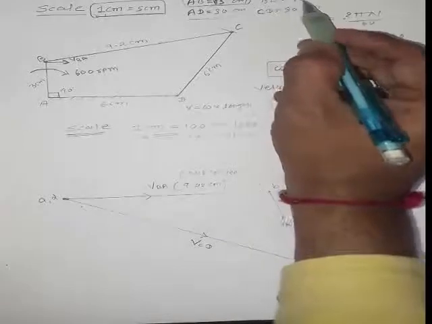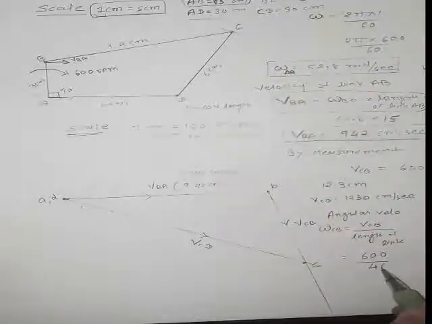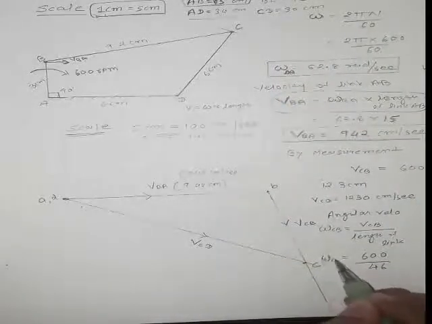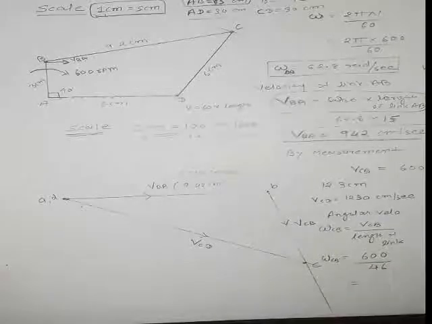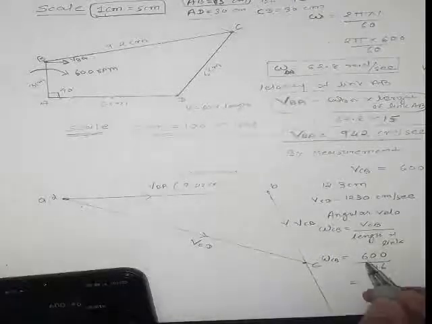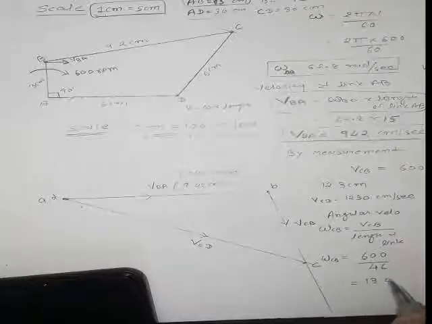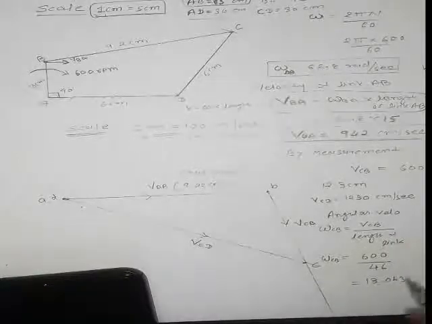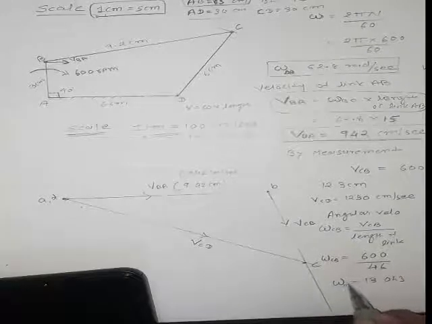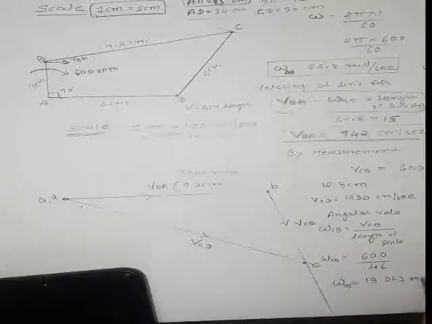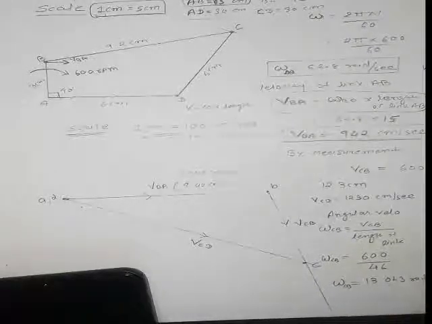So here 46. So if you calculate here 600 divided by 46, then it is 13.043. So here omega CB, that is 13 radian per second, right? Radian per second.